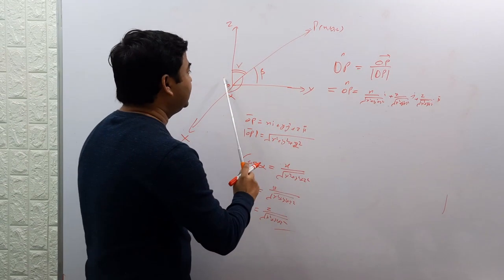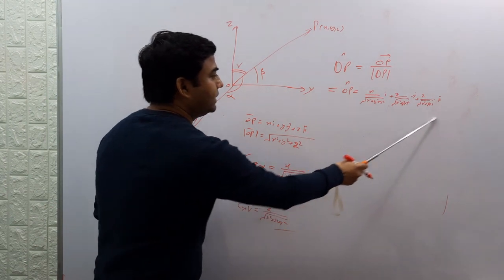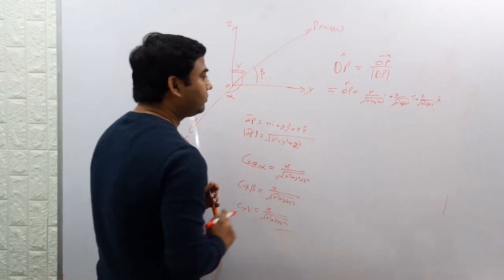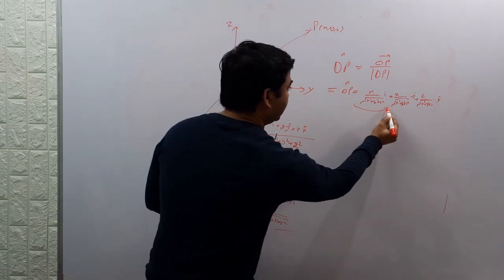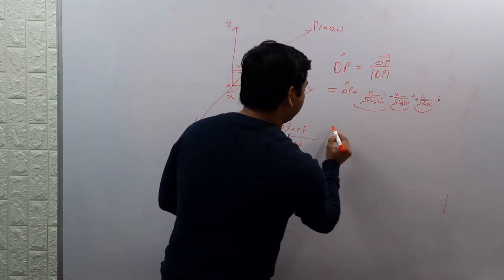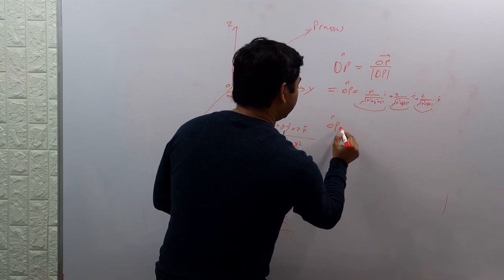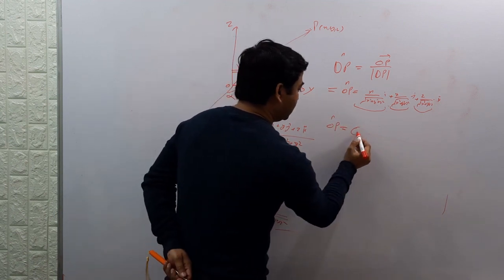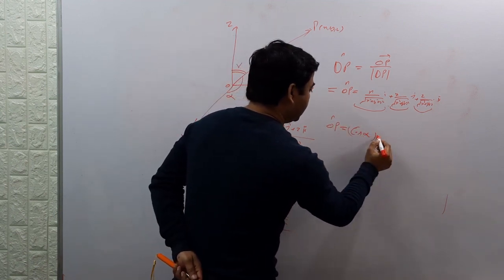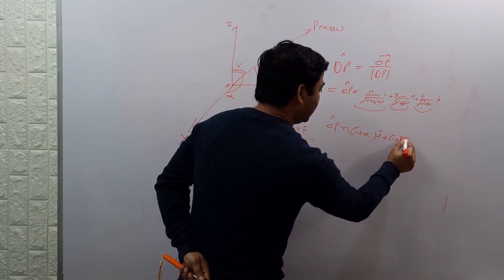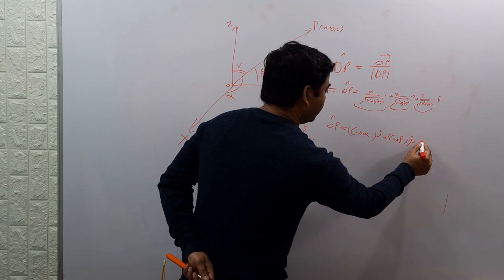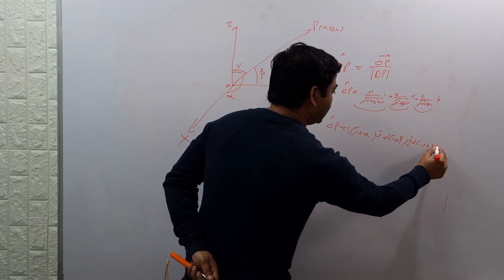From the definition of cosines, this is cos alpha, this is cos beta, this is cos gamma. So you can write unit vector OP as cos alpha i plus cos beta j plus cos gamma k.